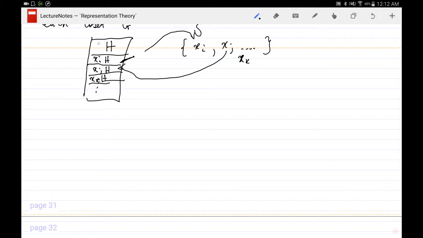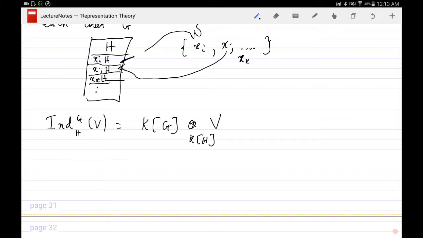As you can see, this way of formulating the induced representation really works if I have a finite group. But a much more general way of studying the induced representation, one that does not depend on the group being finite, is that the induced representation is equal to the KG module tensor the vector space, with the ring being the KH module.